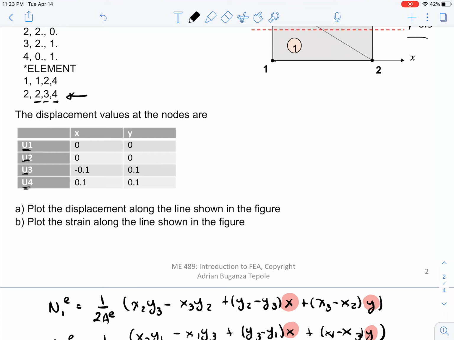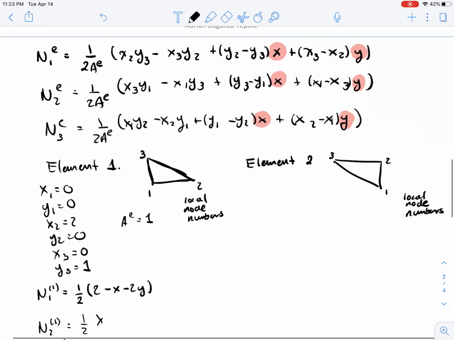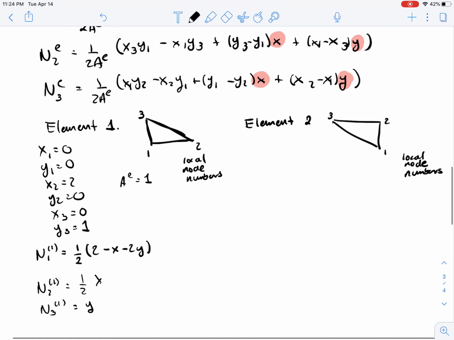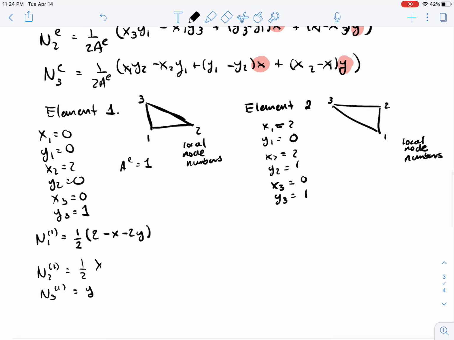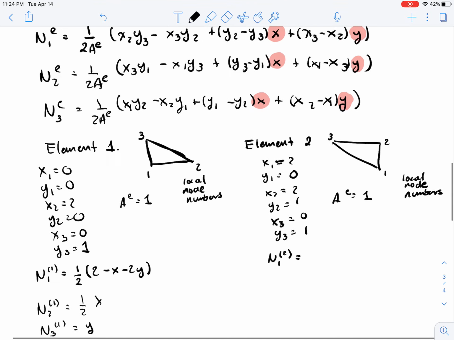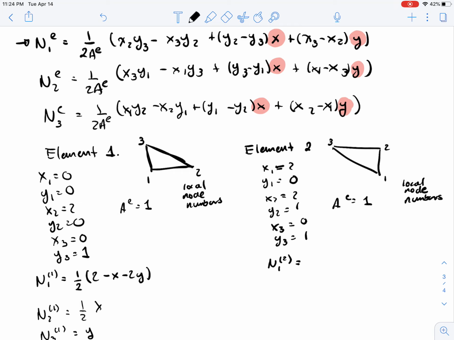Because I have here first node 2, then node 3, then node 4, that means that these are local nodes 1, 2, and 3. Based on those, the first point is the (2, 0) point, the second point is the (2, 1) point, and the third point is the (0, 1) point. And using those values, the area of this triangle is also 1.